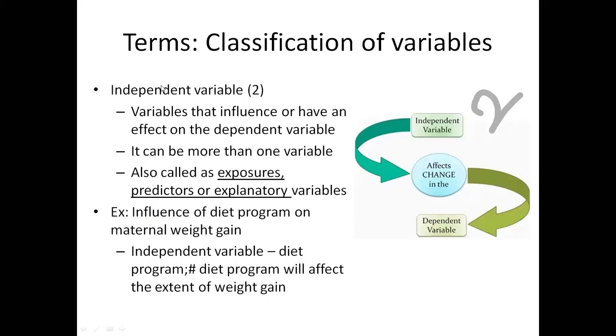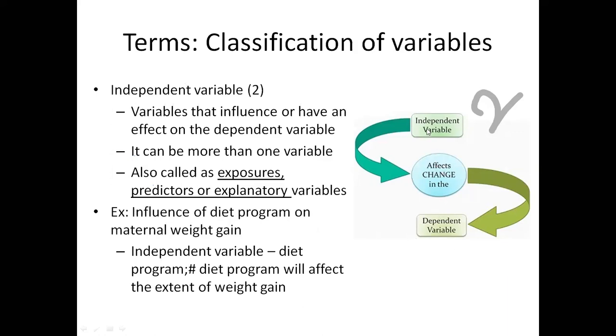As I said, you also have an independent variable. That is the variable that influences or has an effect on the dependent variable. In the example that we discussed, the diet program we assume or hypothesize would somehow affect a change in the dependent variable that you've chosen. In this case, it's the maternal weight gain.